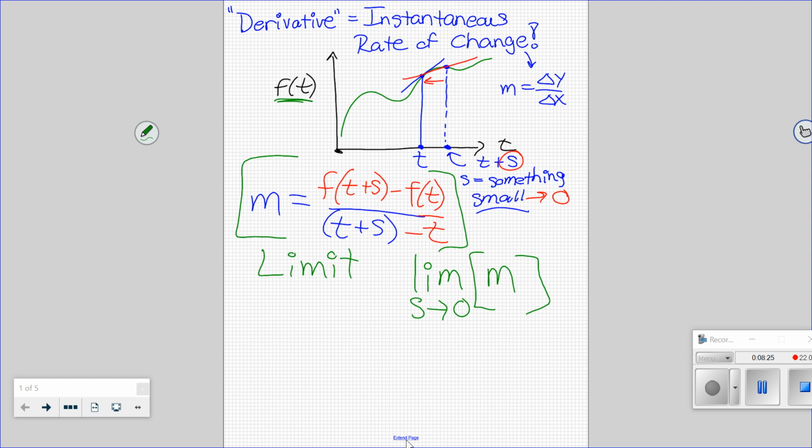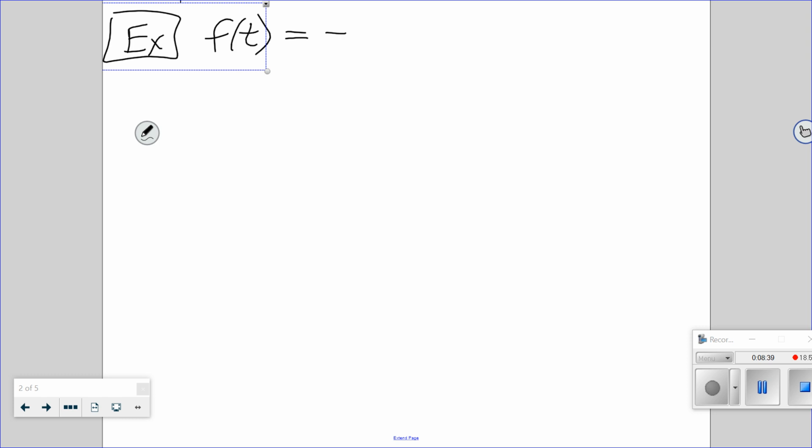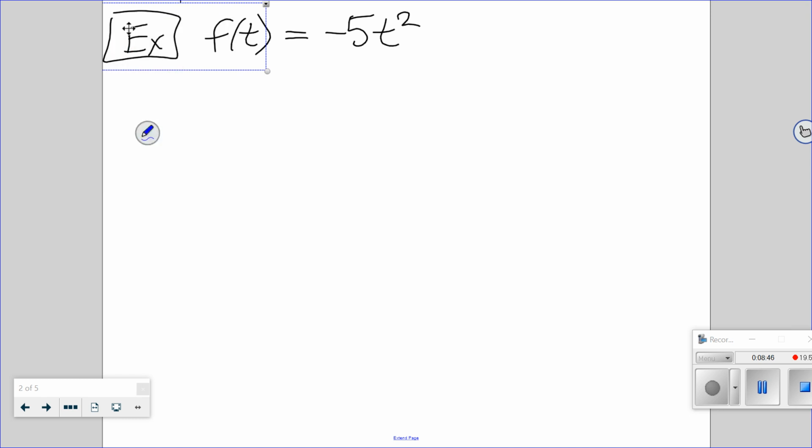Okay. Because here we go. All right. Let's do an example where we say our function of t is going to be minus 5t squared. Okay? And then here's our problem. I'm going to take the limit as little s goes to 0, and here's my function.